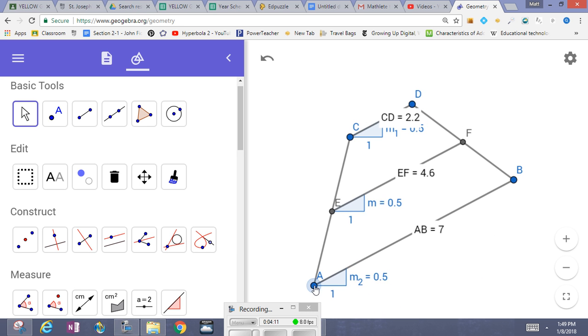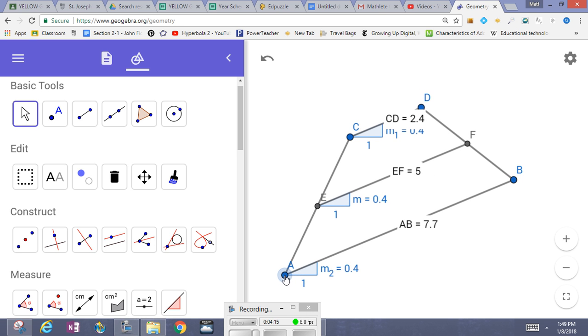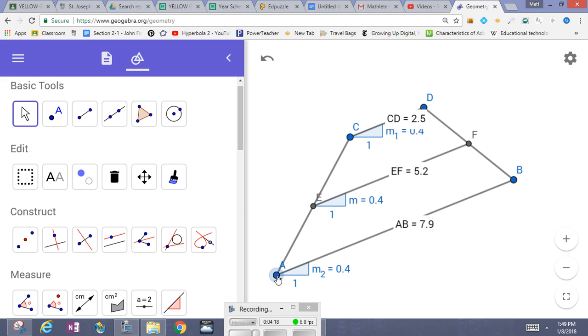Regardless of how I manipulate this, we can always confirm that if I add 8 and 2.5, that is 10.5, and half of that is 5.25, which this is, but it's just not showing the second decimal place.